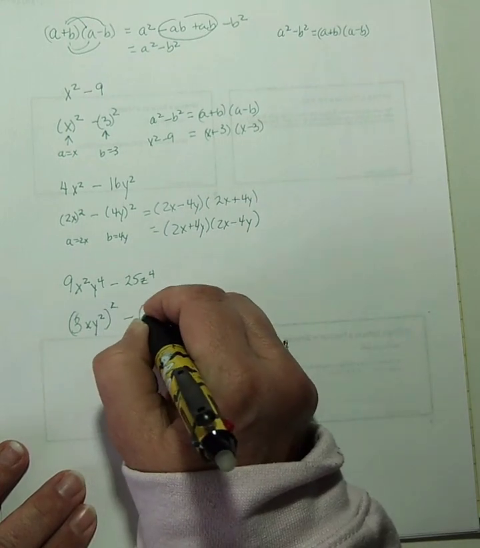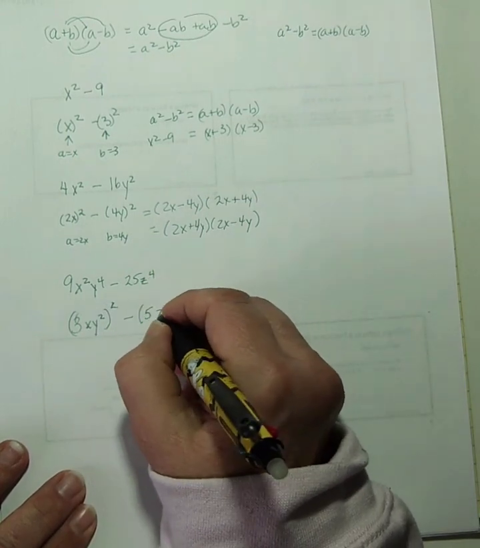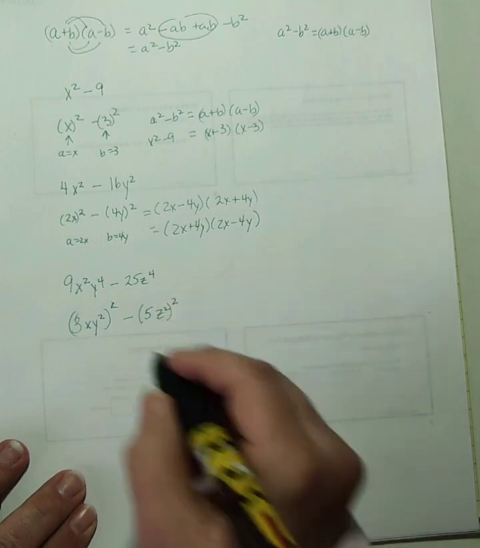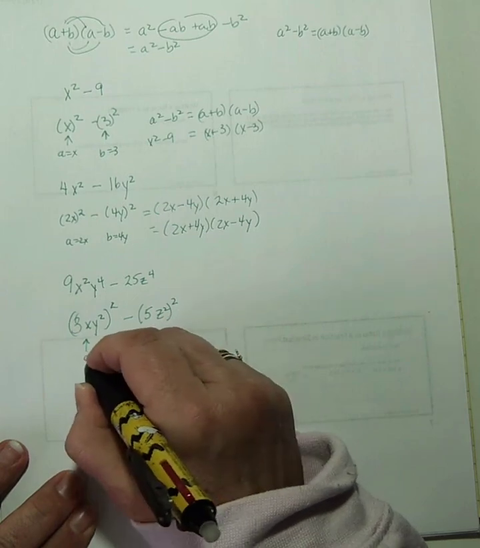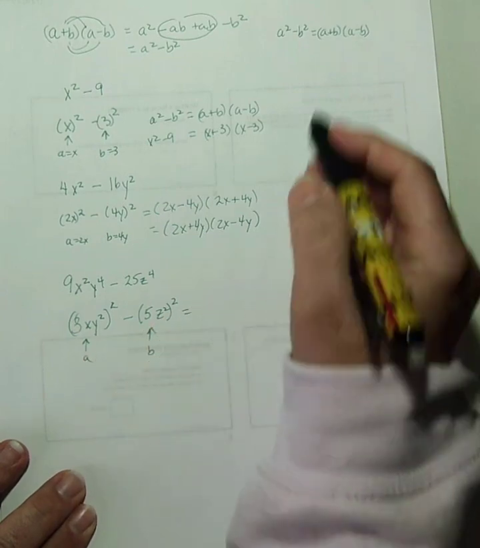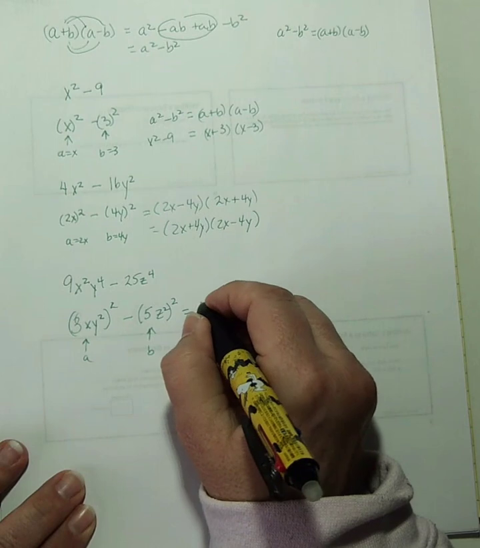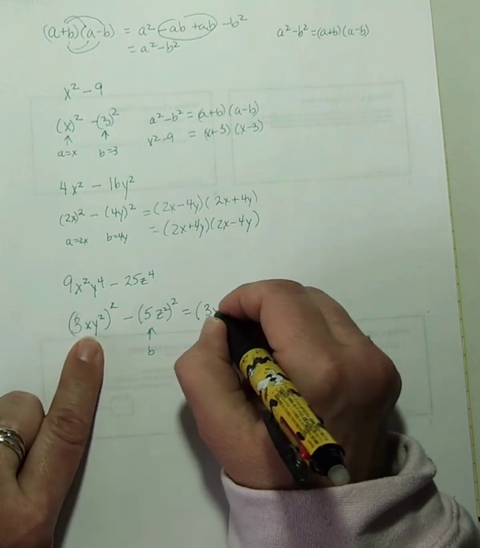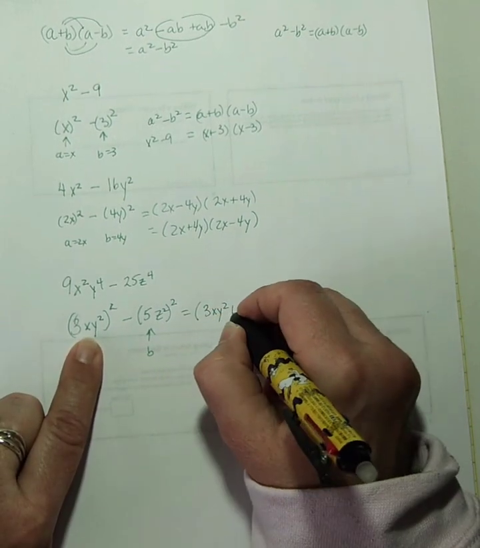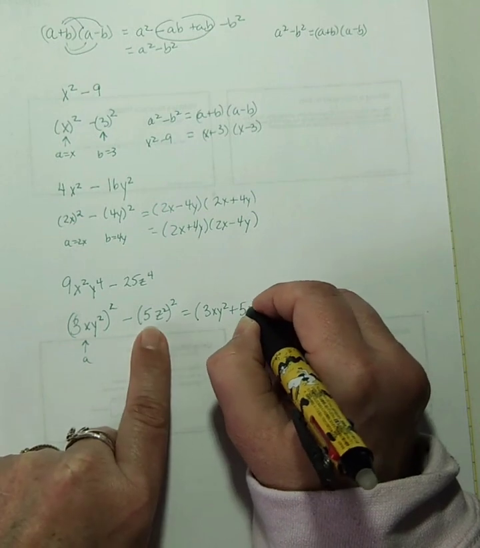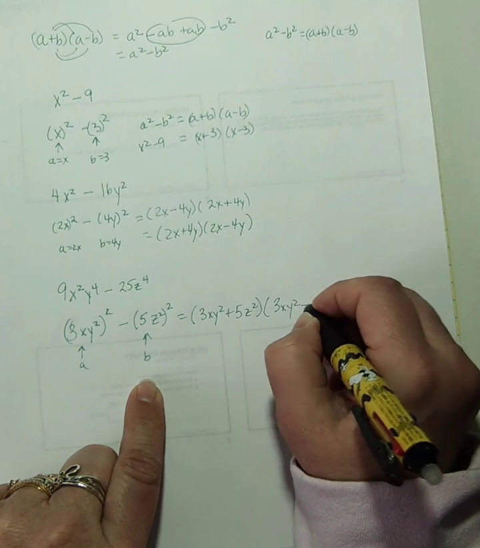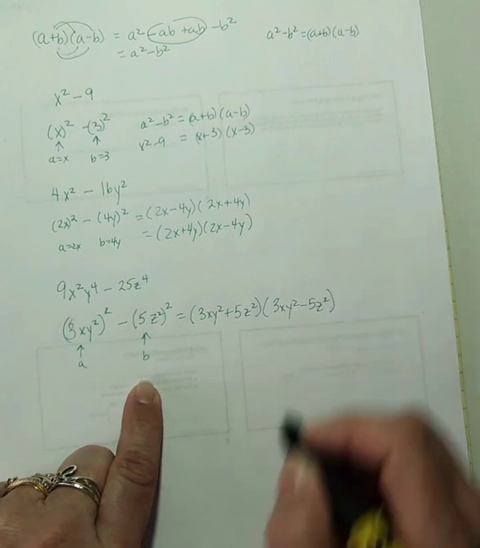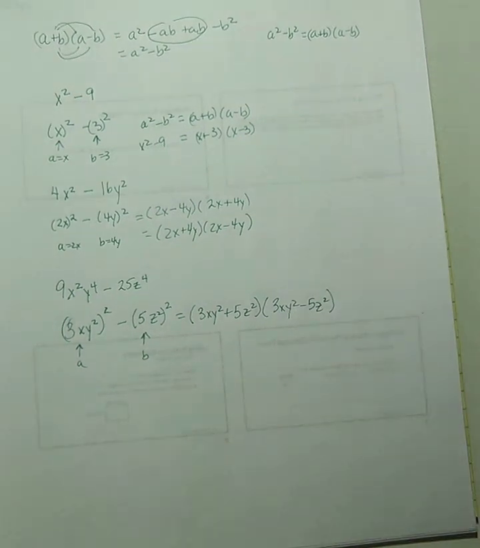This is also a perfect square. That's 5 being squared and z squared being squared. So now my A is 3xy squared and my B is this. So looking at this, A, which is 3xy squared, plus my B, which is 5z squared, and then my 3xy squared minus 5z squared. So noting that difference of squares is very important for us to do.